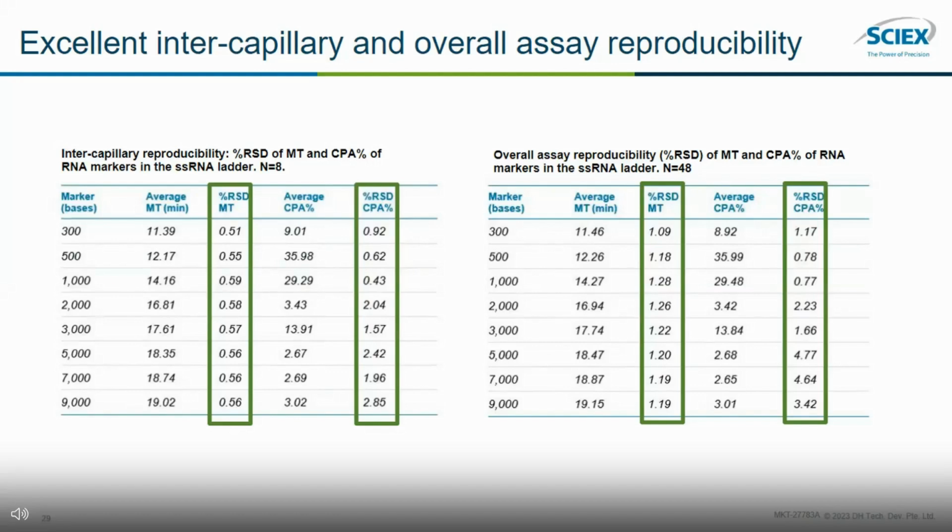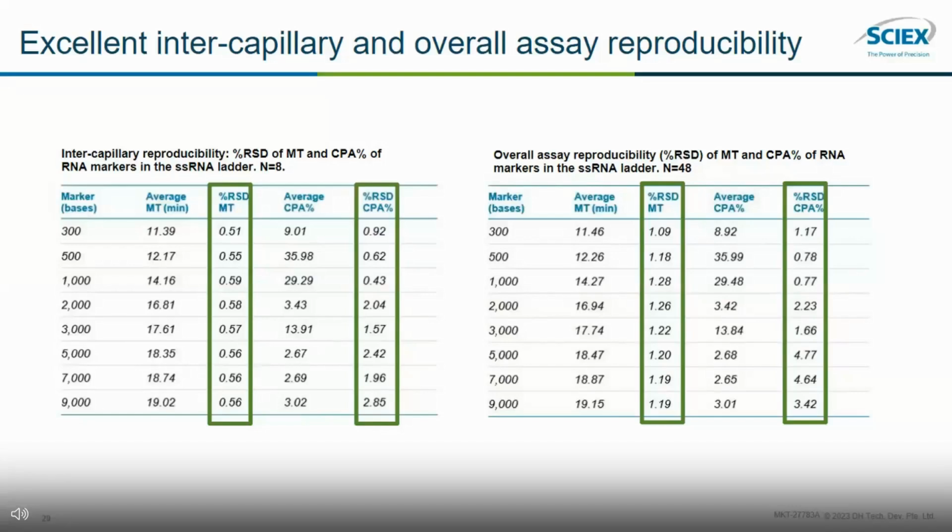The intercapillary reproducibility of the RNA analysis was assessed by injection of the ssRNA ladder across all 8 capillaries. This is obtained from ssRNA ladder from capillaries A through H in a single injection and indicates consistent migration time across all capillaries.